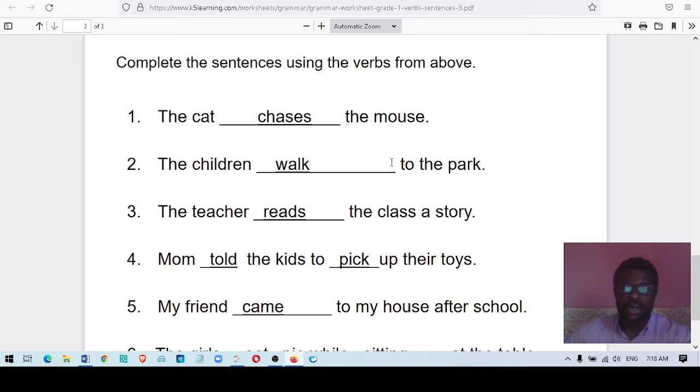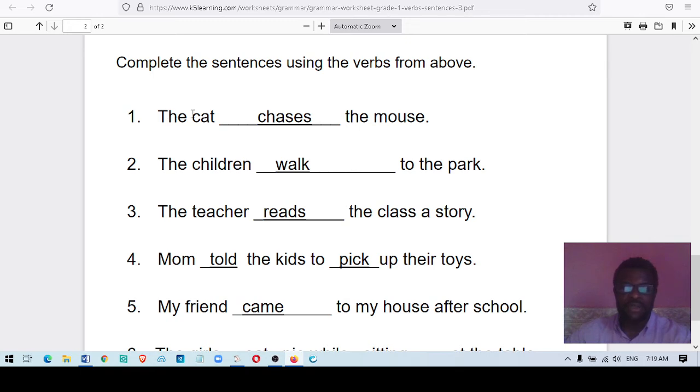The children walk to the park. This is what the children do. If I'm not saying the children, this is our subject. The subject pronoun for the children is going to be what? They. That's why we did not put s to the verb, which is walk. Just like here, because we've got it, that's why we added es to the verb.